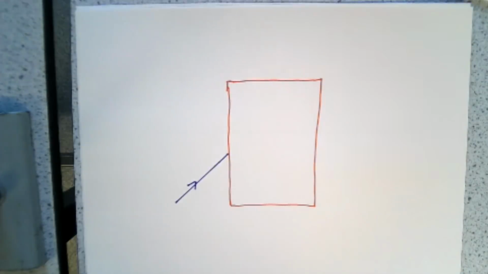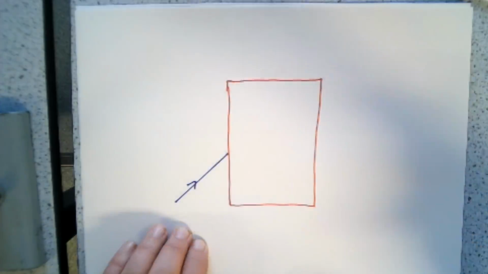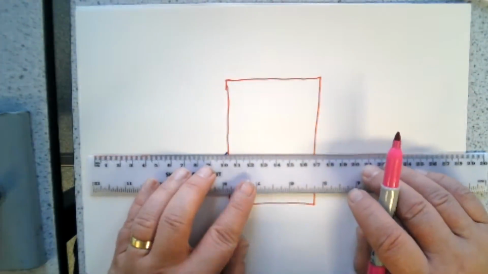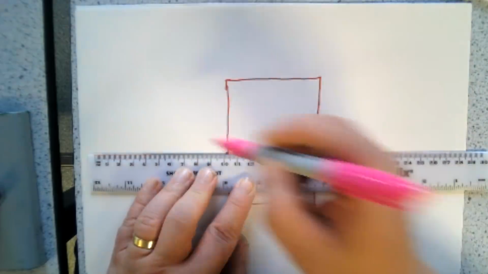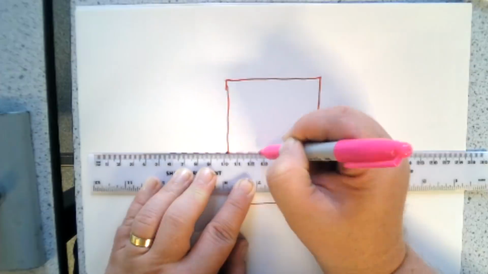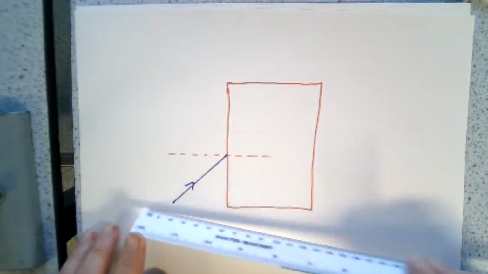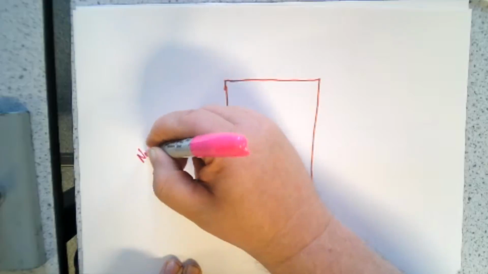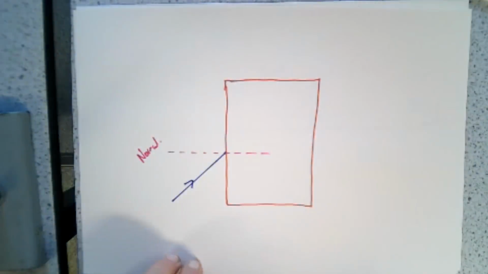Now, it's worth a few marks, this, so you must use your ruler. So you've got your line, okay, which is your incident ray. The first thing is take your ruler and draw a dotted normal line, okay, like I've done, and label that as your normal. That's going to get you a mark.